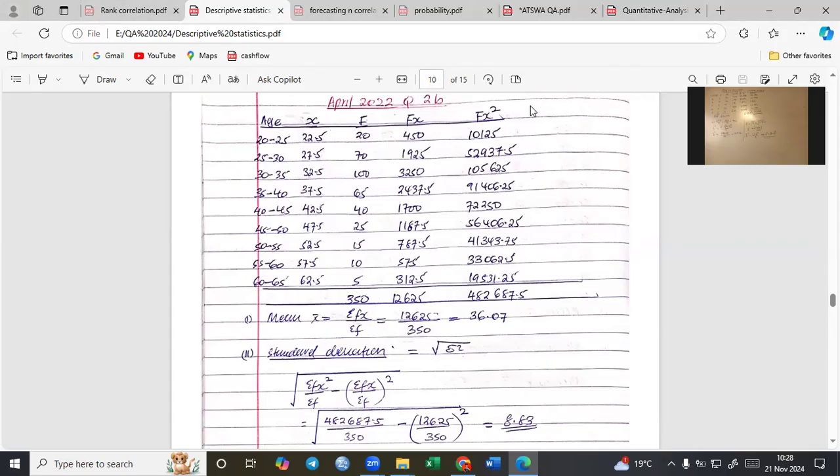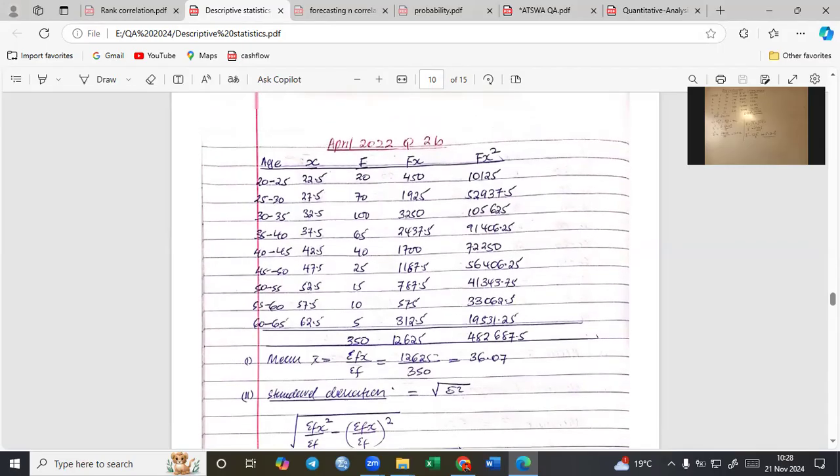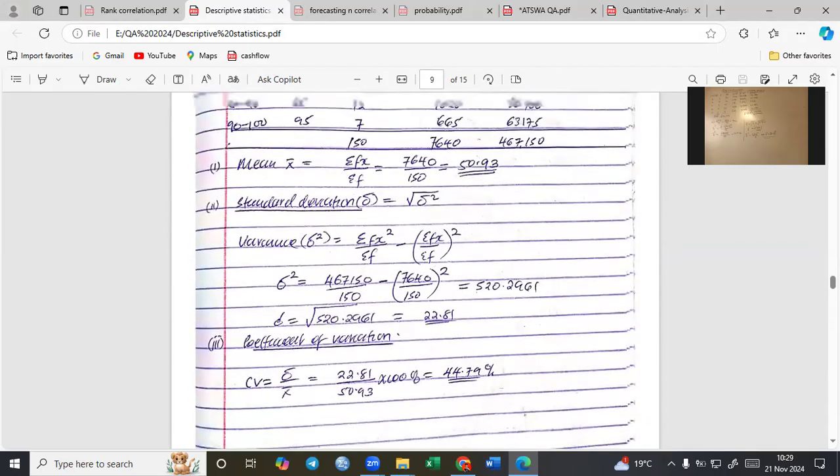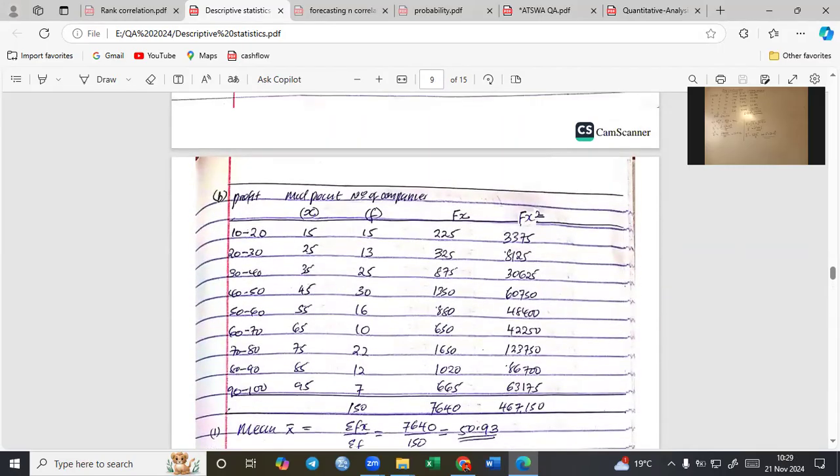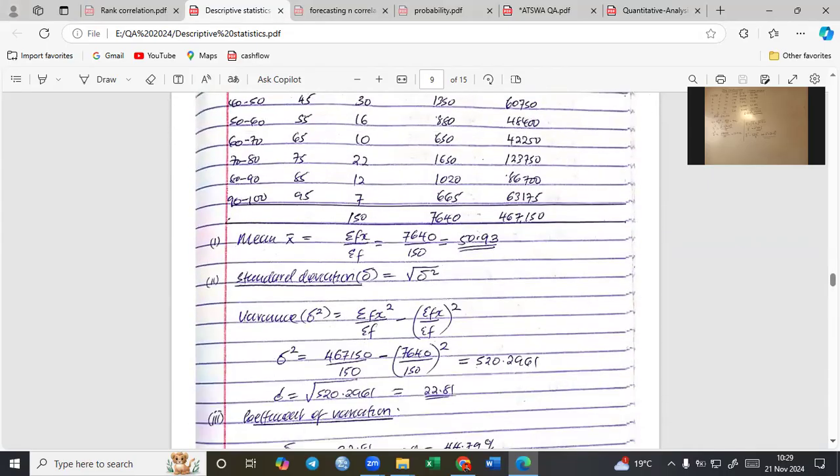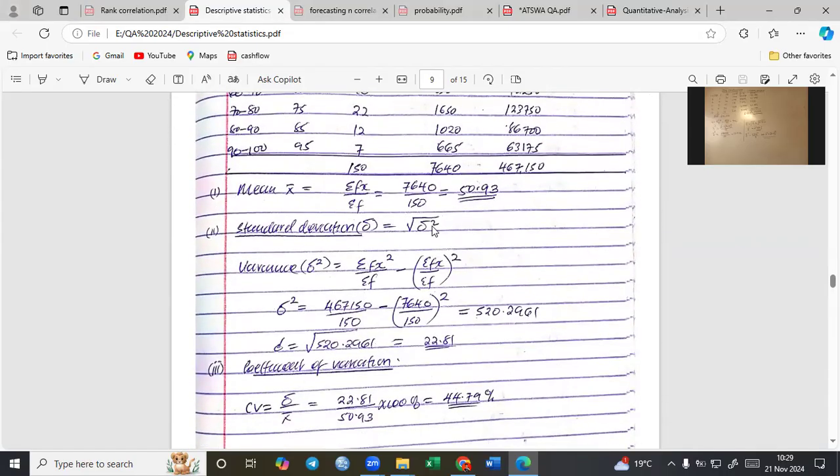Now, before we do this question for April 2022, let's see if we have another one. Yes, you are called the standard deviation. So you still see this formula here. Summation of fx squared over summation of f minus summation of fx over summation of f, into bracket squared.